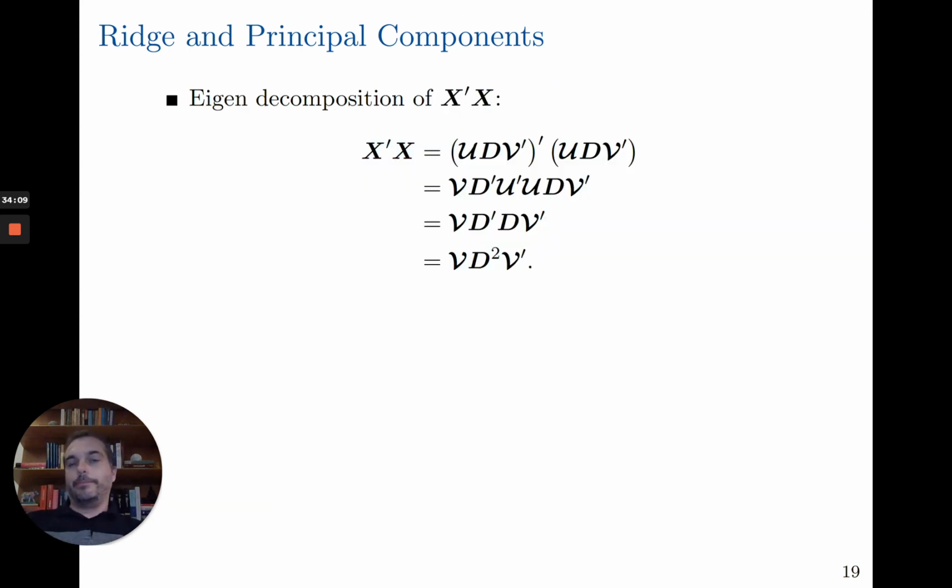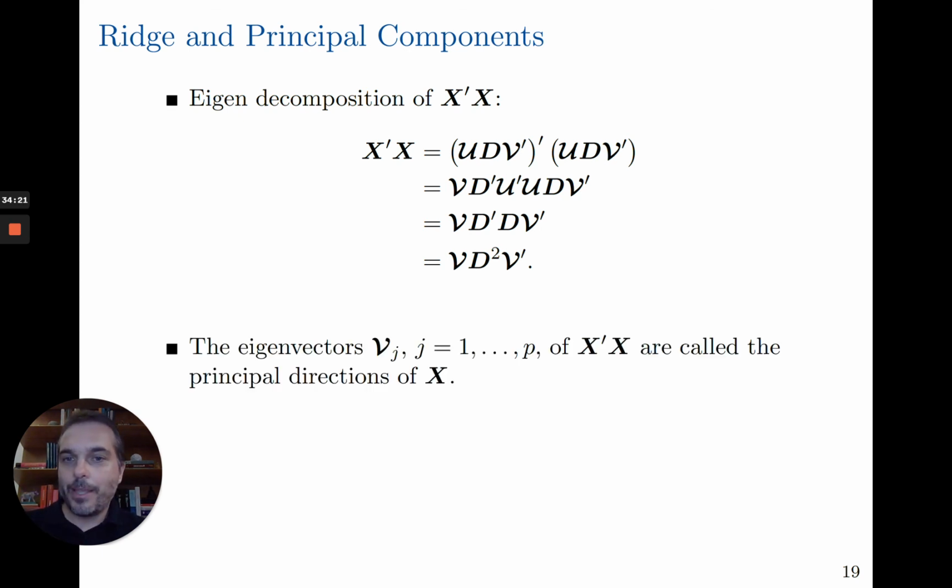Well, let's go back to the eigen decomposition of X prime X. X prime X is V D squared V prime, using the singular value decomposition.